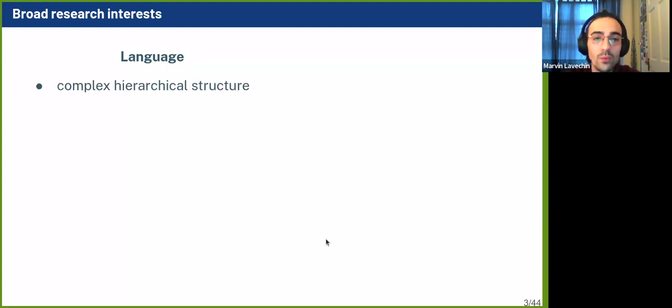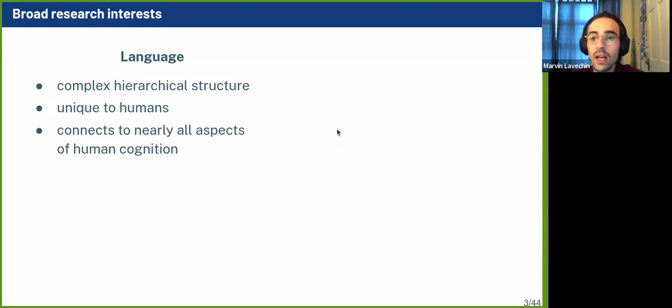All right. So for the most part, I've been looking at the question of language. How can we humans master this complex hierarchical structure where sounds combine into words, which themselves combine into sentences? How can we master this structure that is quite unique to humans and that connects to nearly all aspects of human cognition?